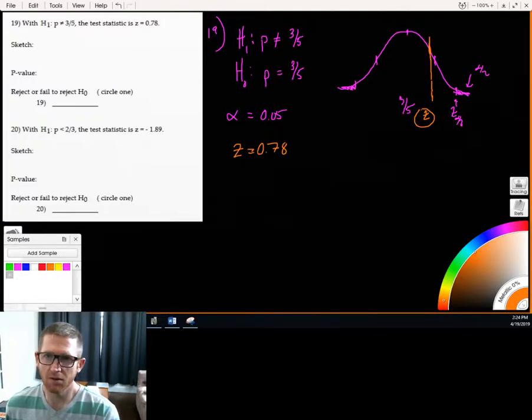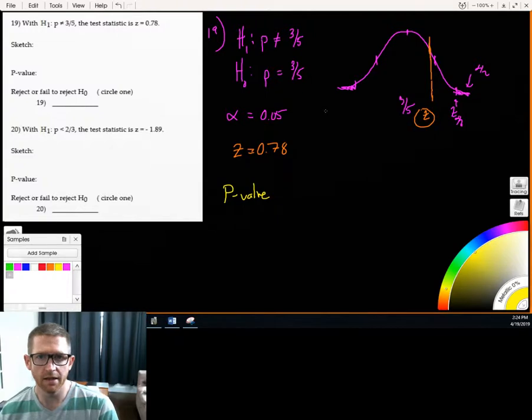But what would this look like? What would the p-value be here when you have a test statistic of 0.78 and alpha of 0.05?